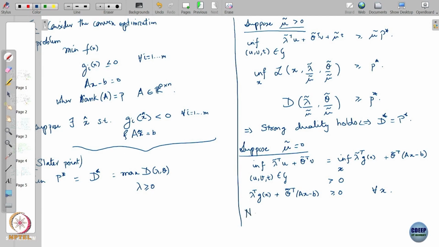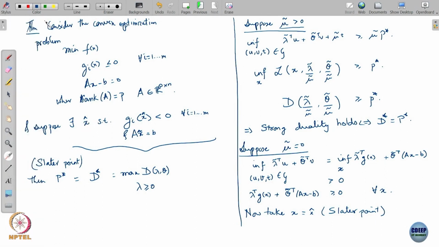Now take x equal to x hat, which was my Slater point. So, let us take x equal to x hat. What would we get from there? We would get that g of x hat would be strictly negative and Ax hat would be equal to b.